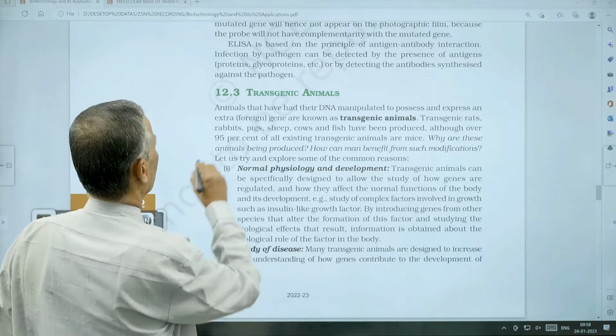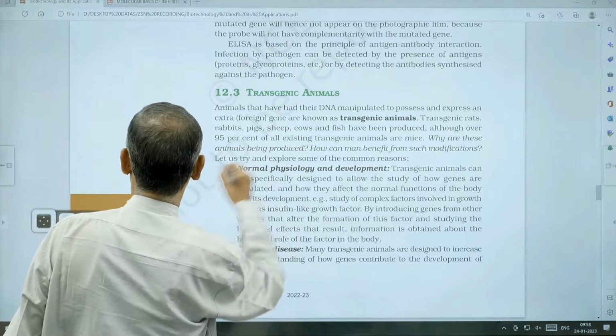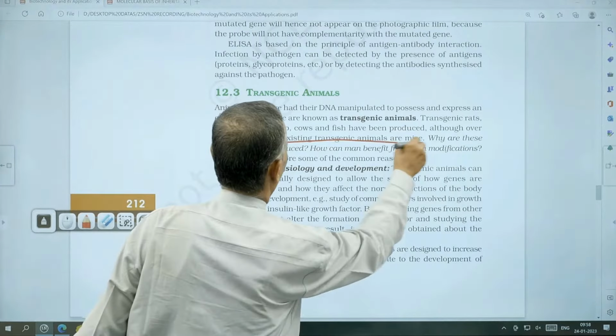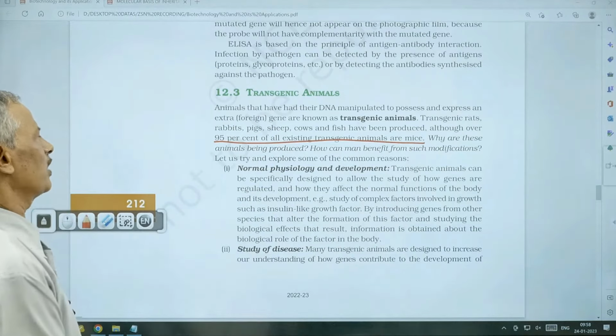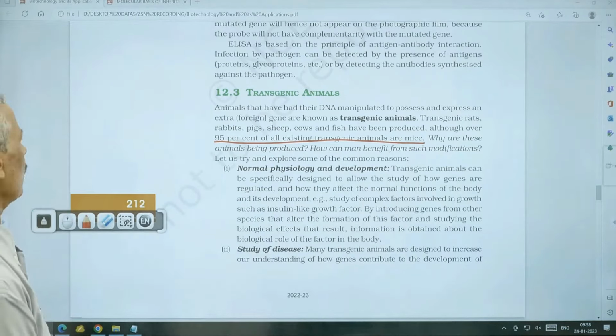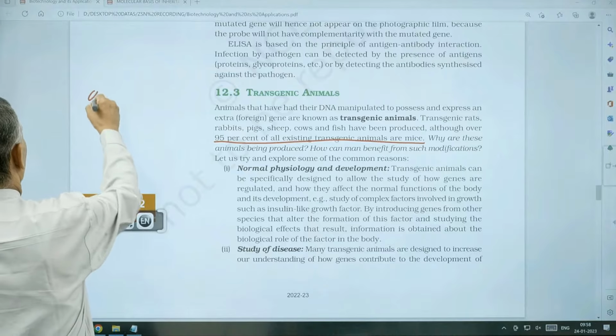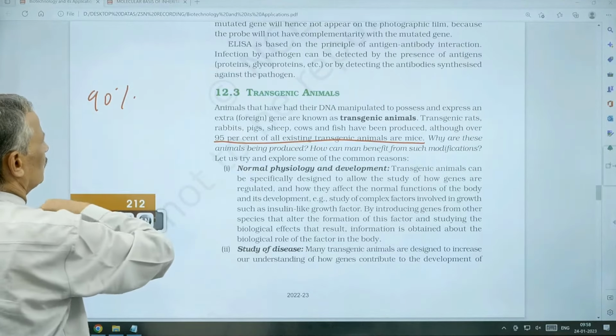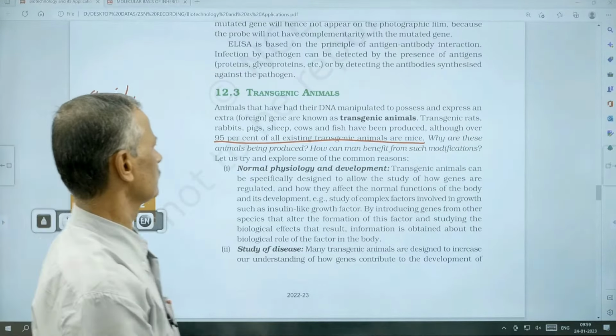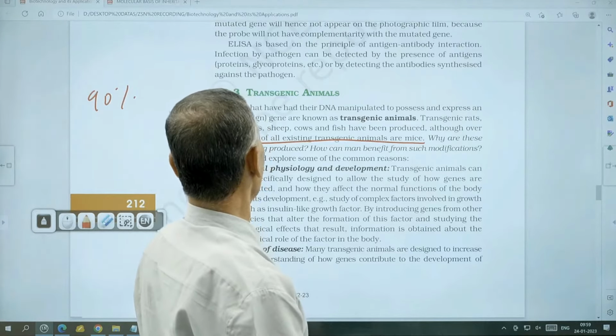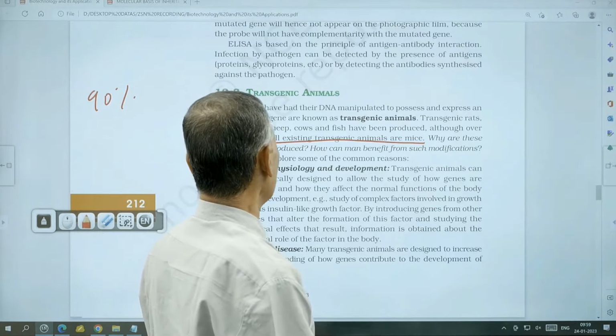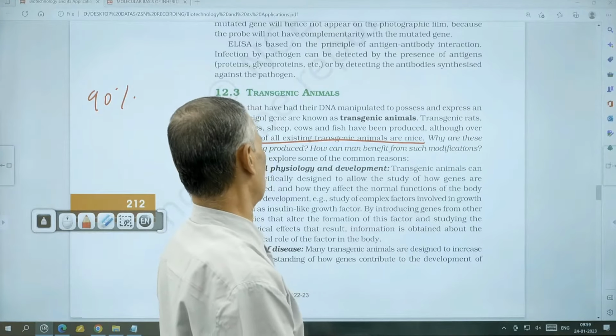More than 95% of all transgenic animals are mice. Why are we producing more mice? Because 90% of the genome of man and mice are the same. But also we have produced transgenic rabbits, pigs, sheep, cow, fish, etc. also.